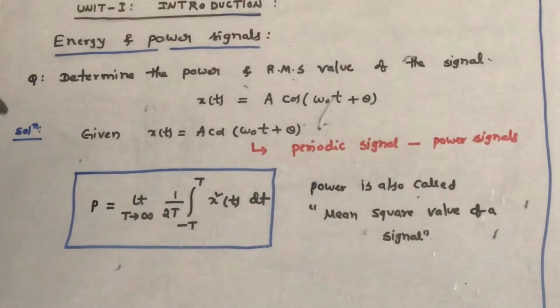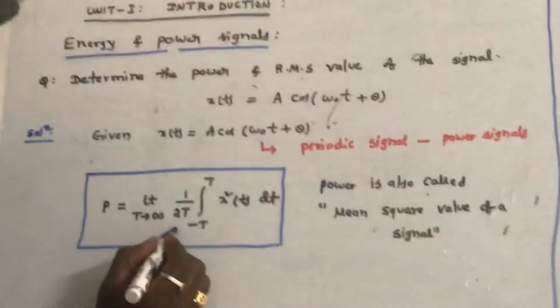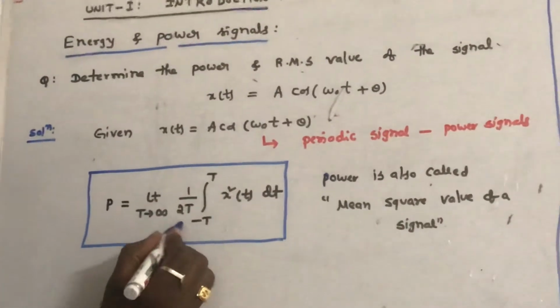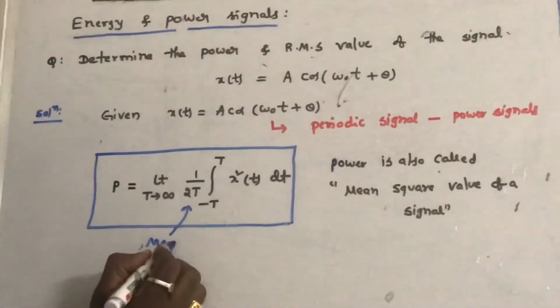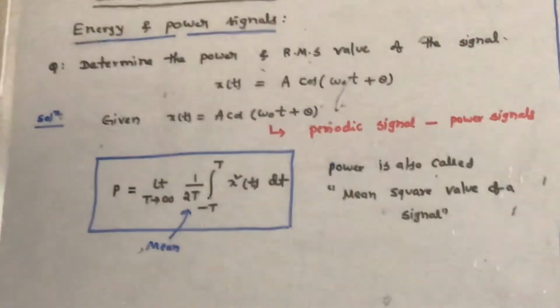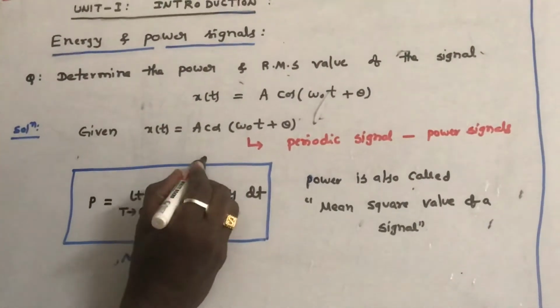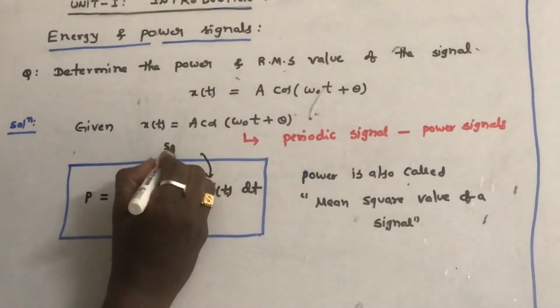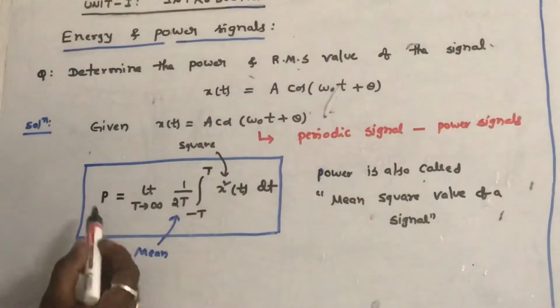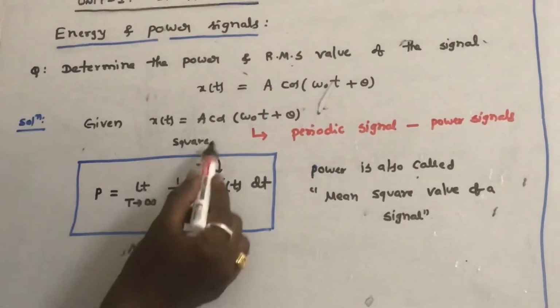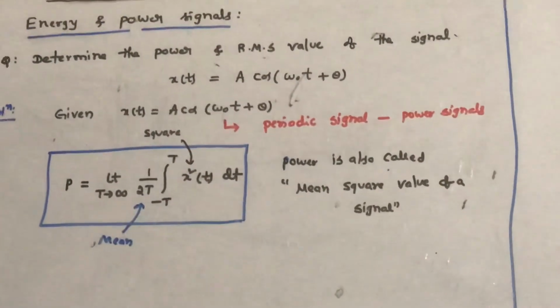You can clearly see that this term, obtained by dividing by 2T, is called the mean, as you know from mathematics. This is called the square. Therefore power is called the mean square value of a signal.